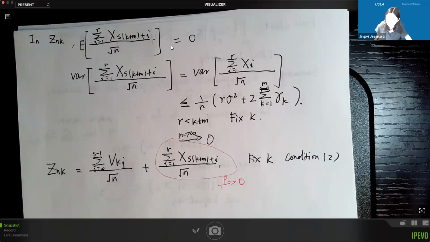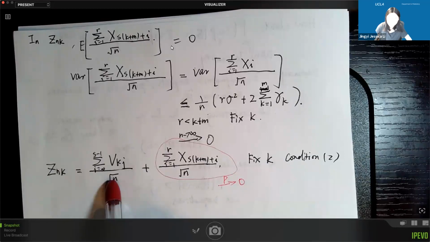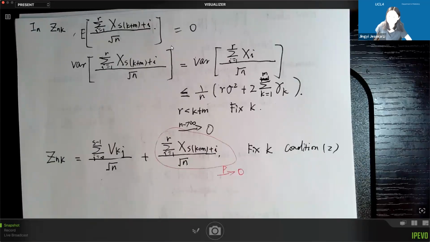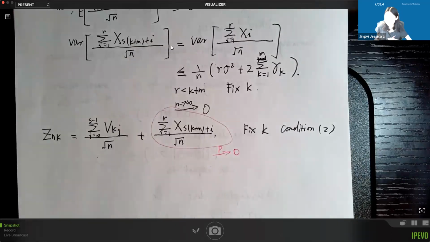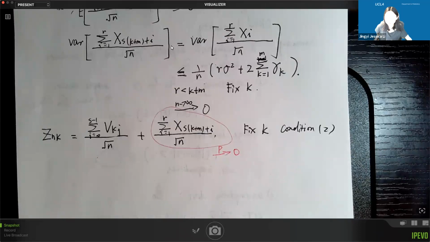So when I let k be fixed and n go to infinity, then s will go to infinity. S is the number of segments, right? If each segment of length k plus n is fixed, then the number of segments will go to infinity. So for this part, I can apply the central limit theorem.